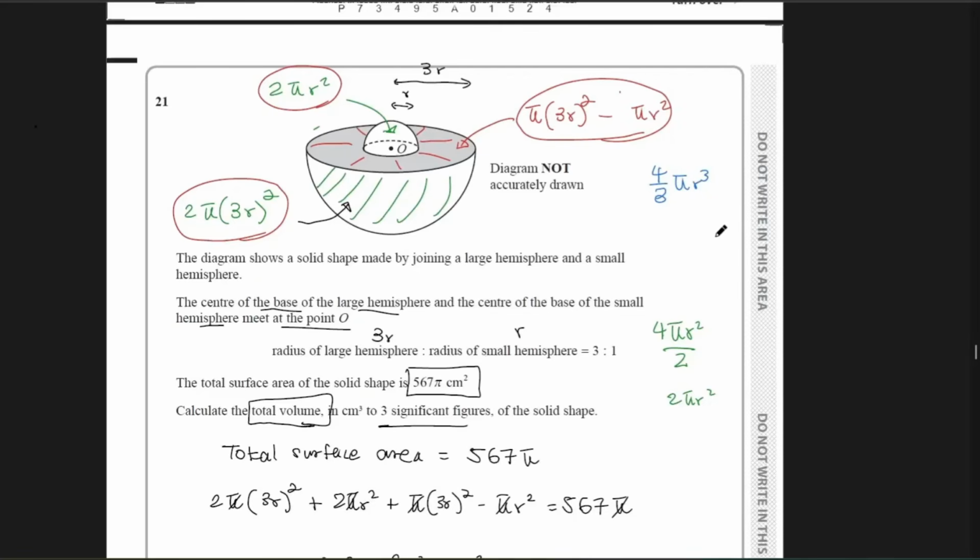The volume of a hemisphere would be half of this, which is 2 over 3 pi r cubed. So since we're calculating the total volume, we just need to add the volume of the larger hemisphere to the volume of the smaller hemisphere. So let's do that. The volume formula is 2 over 3 pi r cubed for the hemisphere.